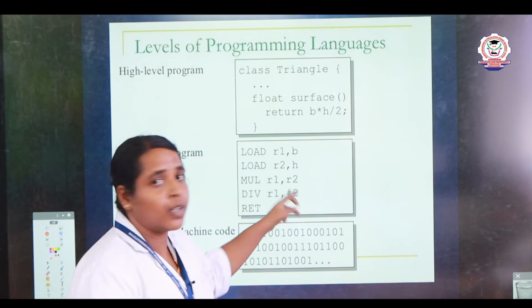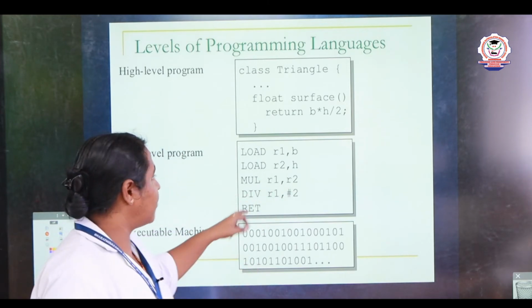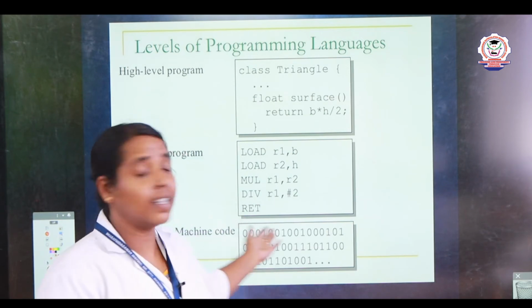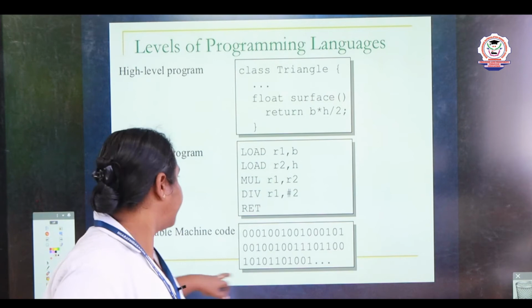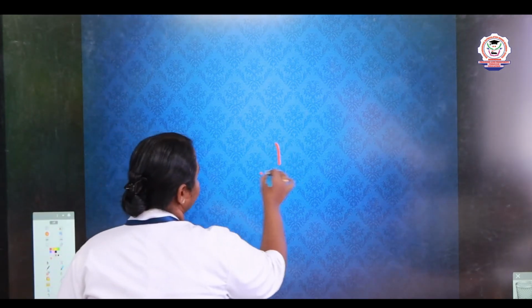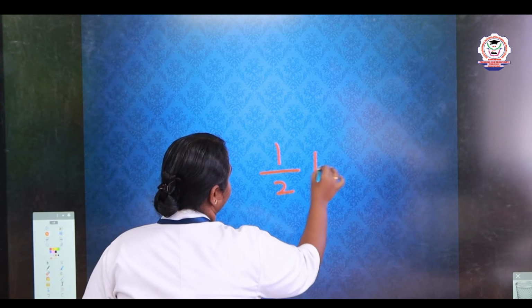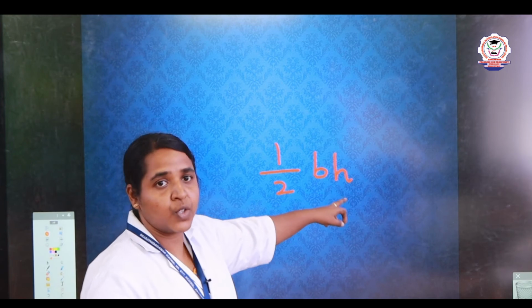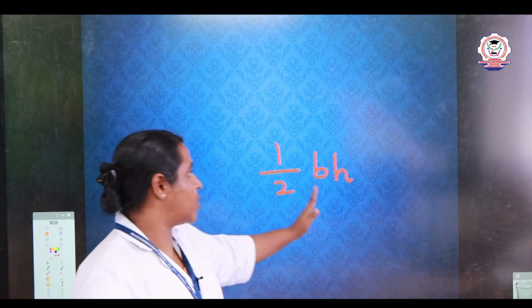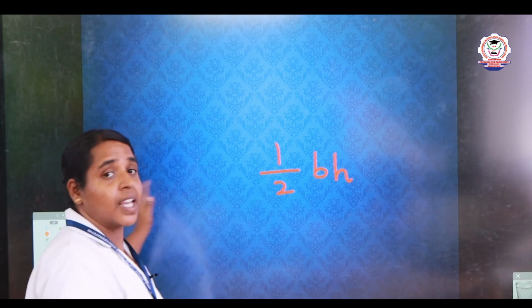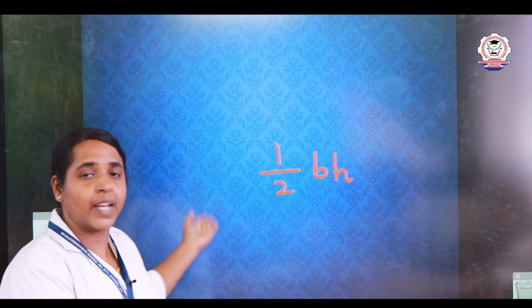Then we multiply R1 and R2 and divide the R1 value by 2. What is that? It's the area of a triangle. The formula is half B H, where B is breadth and H is height. This is the formula for the area of a triangle. It was executed in the previous slide program.